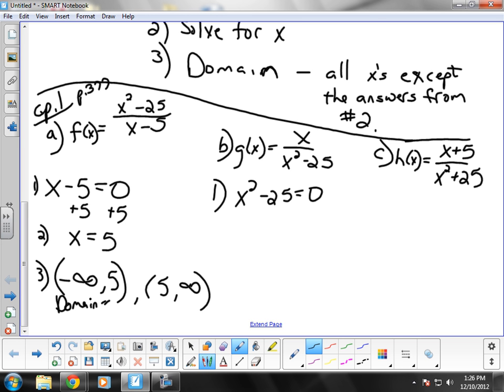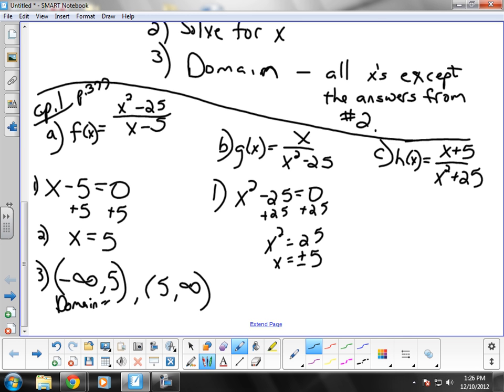You want to do that? All right, so I'm going to add 25 to both sides. So I get x squared is equal to 25, so x is equal to square root of 25, which is 5, but remember it is a positive and a negative, right? Because either one works. Remember, when you take the square root, you've got to take that positive and negative value possibility.